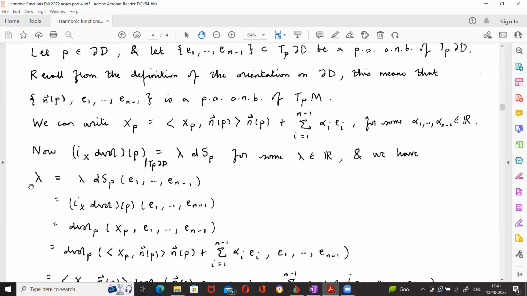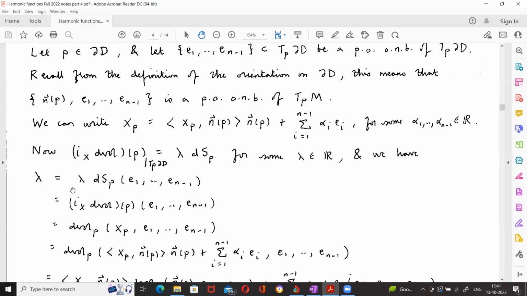Let me write lambda as lambda times ds_P of E1 to En-1, because ds applied to E1 to En-1 is 1 by definition of the volume form of the boundary. This is a positively oriented orthonormal basis of the tangent space to the boundary, and ds is the volume form of the boundary, so ds acting on this basis gives you 1.